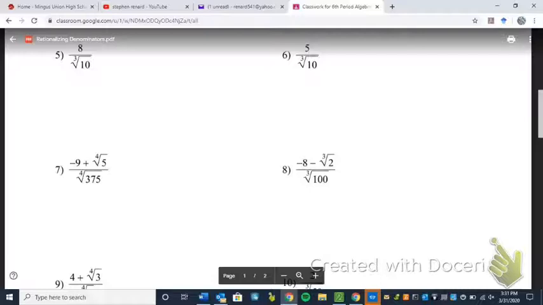Okay, so next we have number 8, which is negative 8 minus the cubed root of 2 over the cubed root of 100. Now we know that 100 is 10 times 10. So the cubed root, we just need to add one more 10 in.